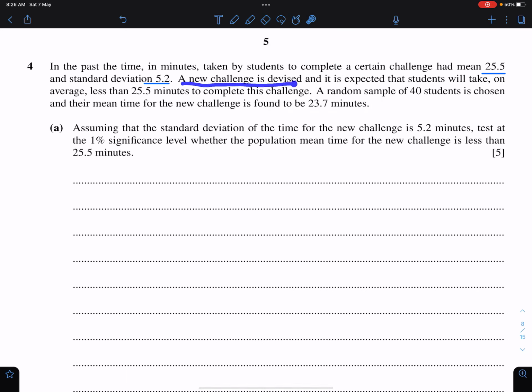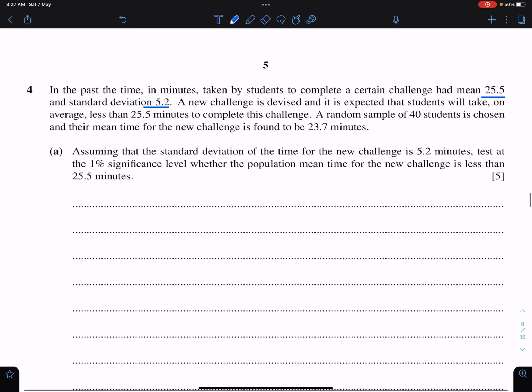A new challenge is devised and it is expected that students will take on average less than 25.5 minutes to complete this challenge. A random sample of 40 students is chosen and their mean time for the new challenge is found to be 23.7. Mu is 25.5 and this is the test value, X bar. And this is the size of the sample, 40.